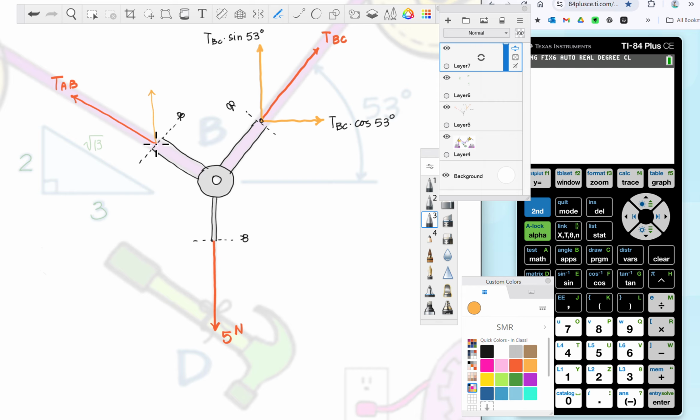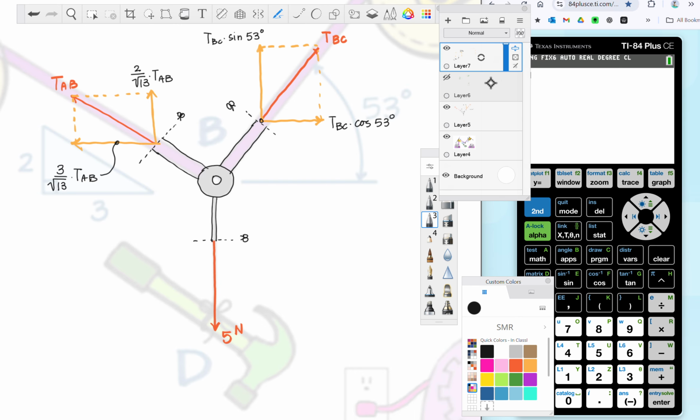So I have an upward pull, I have a leftward pull. I'm being kind of lazy with my bounding boxes, but we can pull them in there if you want. There we go. And the upward vector is the short leg of the triangle. So I'm going to do 2 over root 13 TAB, and the long leg is 3 over root 13 times TAB.